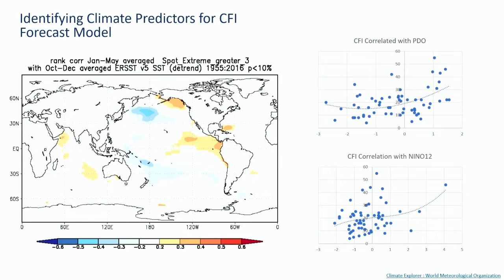Using our CFI results, we explored some potential forecast models based on using climate information. So we correlated the CFI with some known climate indices. Here you see we included the Pacific Decadal Oscillation and El Nino data, and we wanted to see how well this information could be used to forecast the number of CFI events for upcoming years.